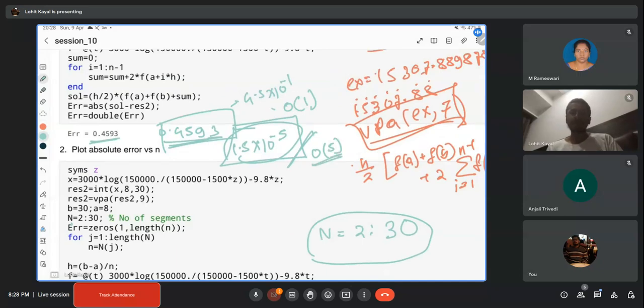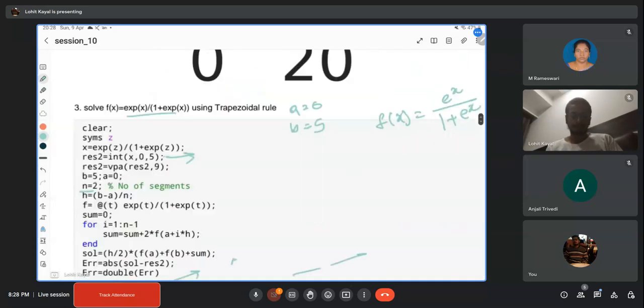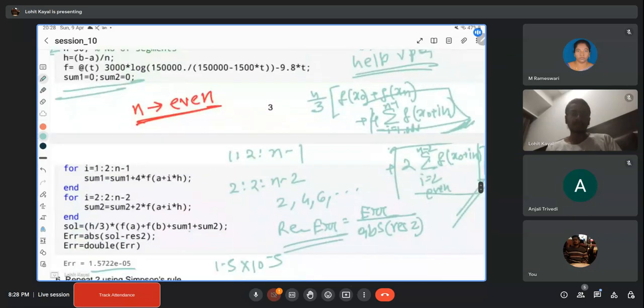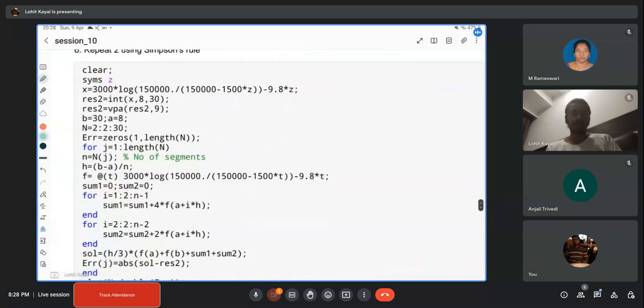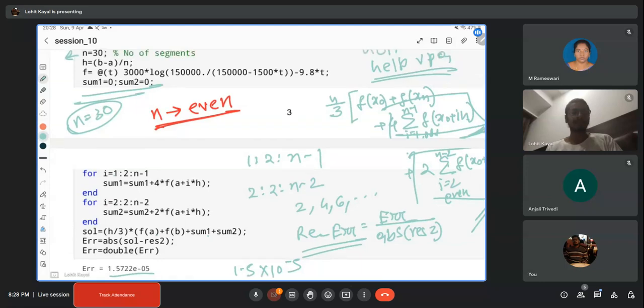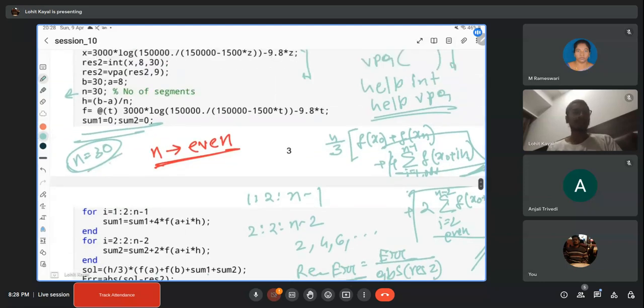If you are satisfied with this error, then for Simpson's rule you do not need to choose n equal to 30 here, because 30 is a sufficiently large number of segments. You can take 10 or 12, and this will give you a similar answer.